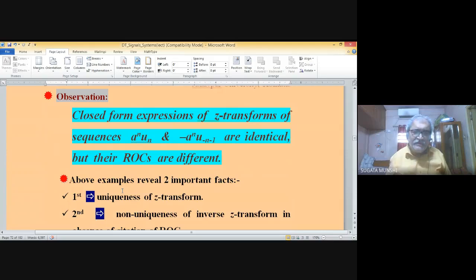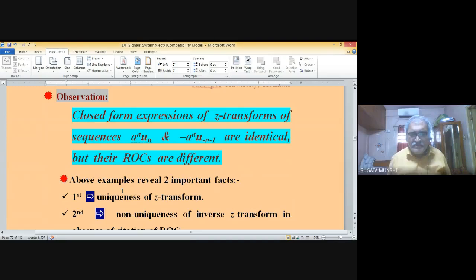I hope we understand what is meant by uniqueness of z transform and non-uniqueness of inverse z transform. For a given sequence, the expression for z transform is unique. You cannot have two different expressions for z transform for a given sequence. But for a given function of z, if you want to find out the inverse z transform, there are more than one possibility.